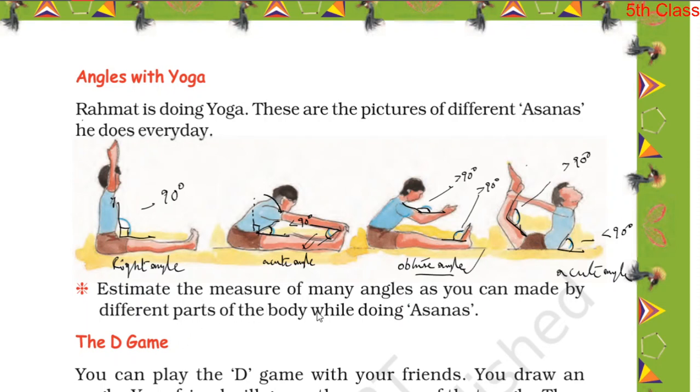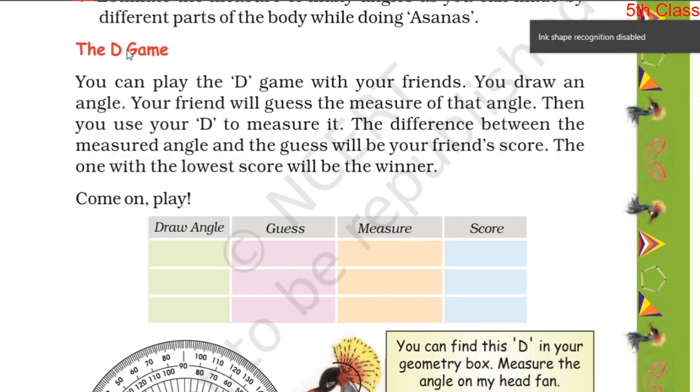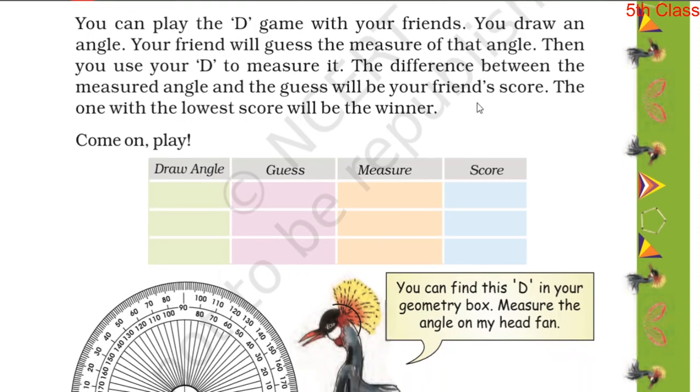Now estimate the measure of as many angles as you can made by different parts of the body while doing asanas. You can play the D game with your friends. You draw an angle, your friend will guess the measure of that angle. Then you use your protractor to measure it.